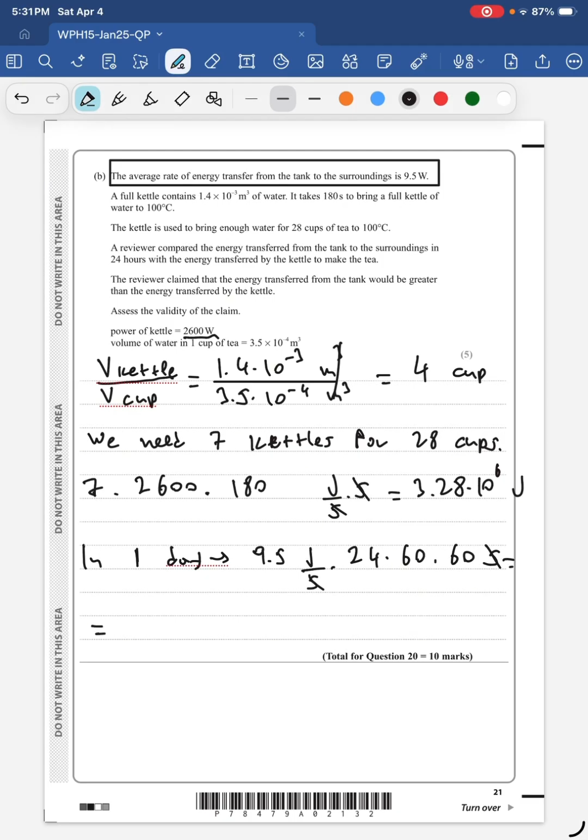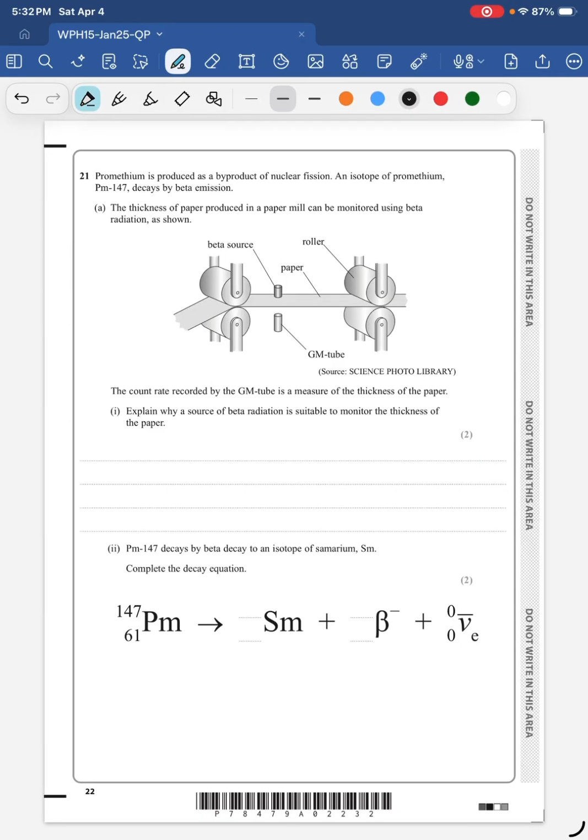And if we do this multiplication, we see that in a day we lose 820,800 joules, which is of course less than 3.28 times 10 to the 6 joules. So this claim is false.